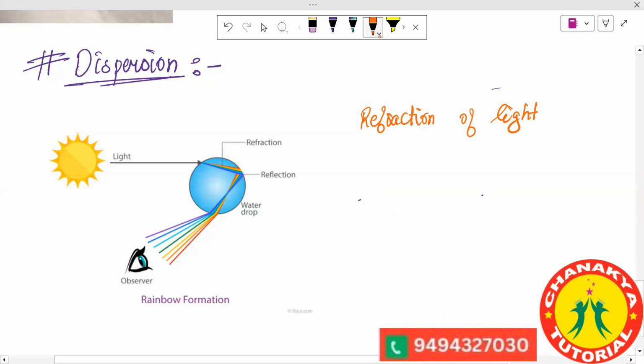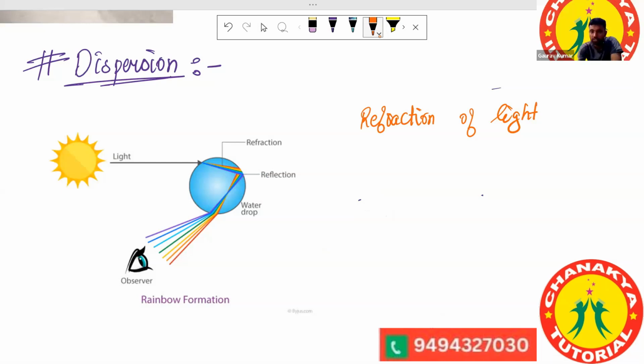Sir, change in velocity of light due to the change in its medium. Good. So change in velocity. Due to change in velocity, there is a change in direction also. Change in direction of light.